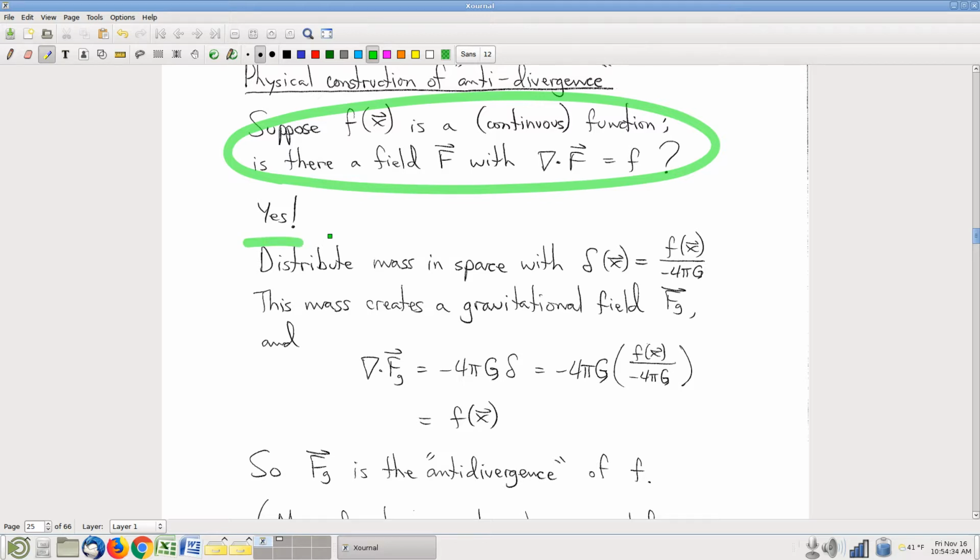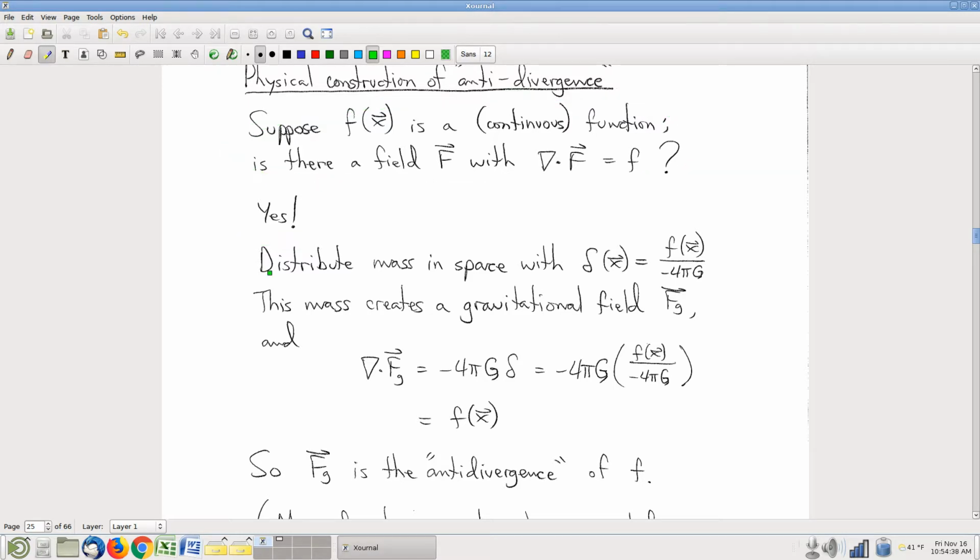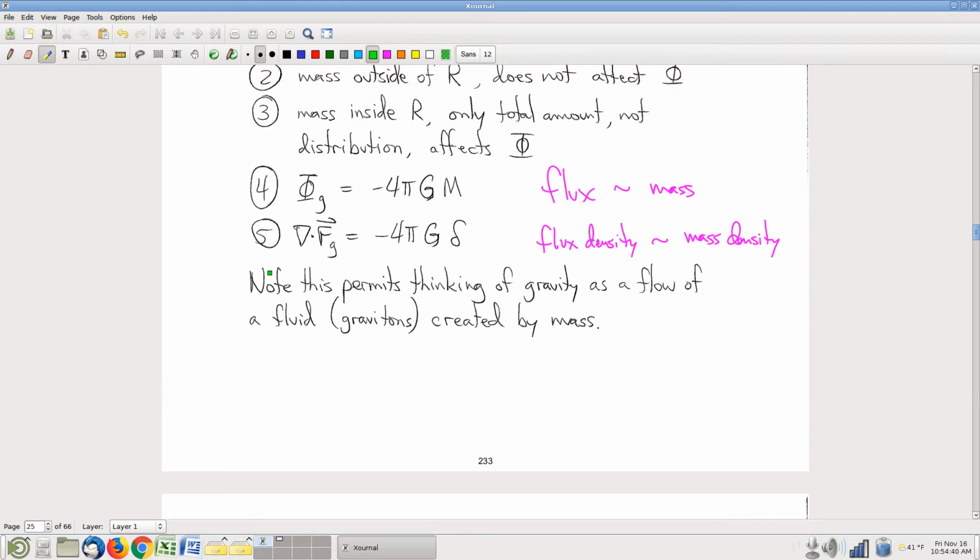So the answer is yes, and the clever move is to sort of take advantage of this fact here. Notice what this is saying is that density creates divergence. If density creates divergence, then what that means is the gravitational field created by your density has divergence, which is that density.